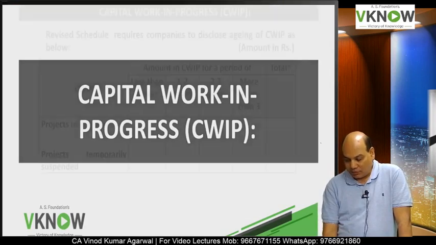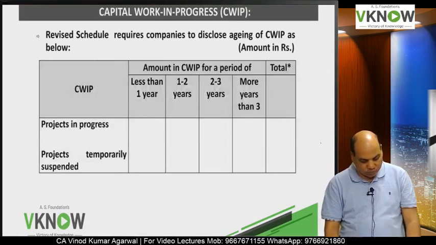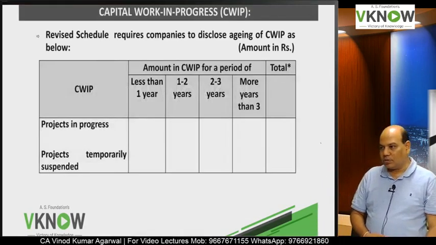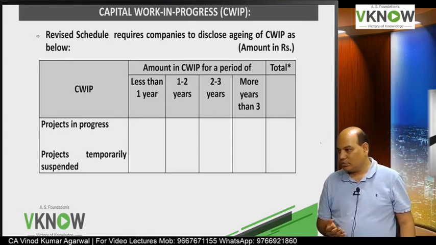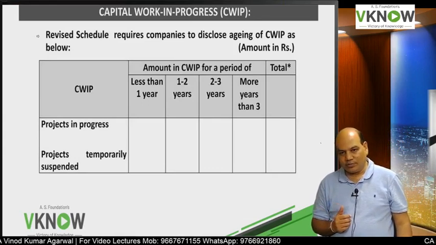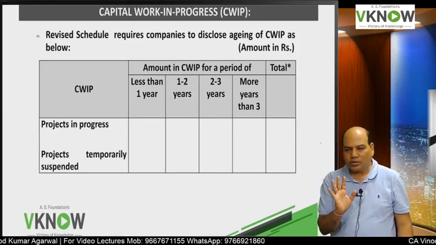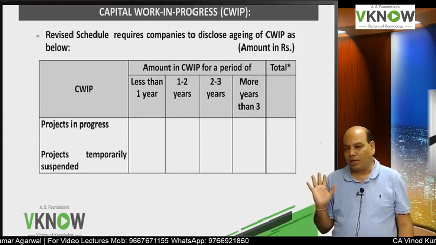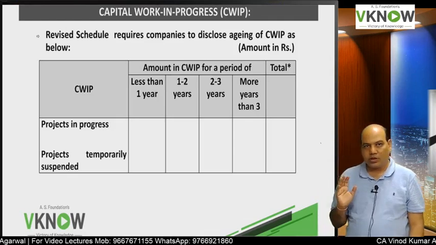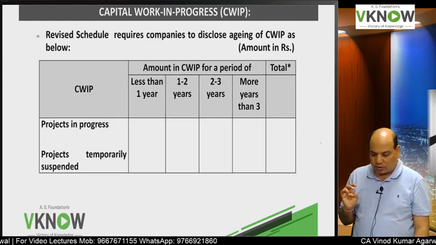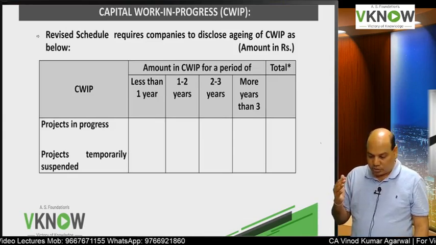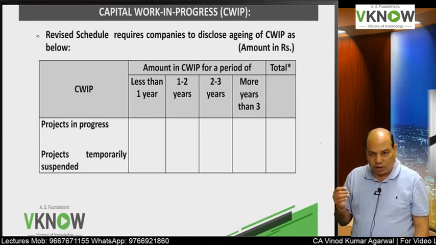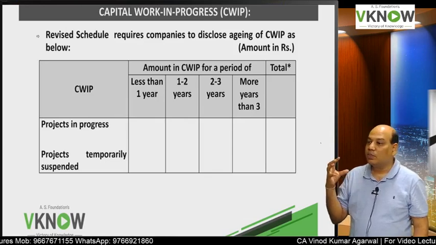Now what is capital work in progress? Capital work in progress means those projects which they have started but not yet completed. Earlier there was a very minimum requirement for capital work in progress, but in Schedule 3 they have now made elaborate requirements for capital WIP. Why? Because a lot of funds are blocked.